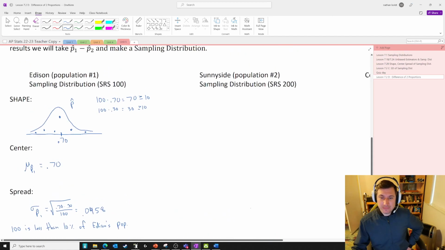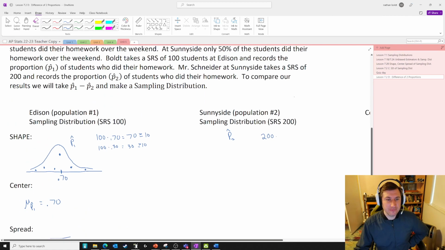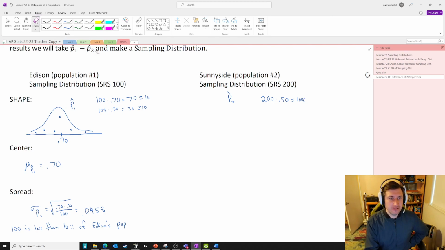All right, now let's do the same thing for Sunnyside. Does theirs also work? So Sunnyside, all of that's P1 hats, all the P2 hats. What do those look like? Well, he's doing 200, but their parameter was only 50%, right? So 200 times 0.50 is 100. And yes, technically you do need to do it again, because that's N times P. Here is N times Q. Yes, it's the same, but you've got to do it both times.